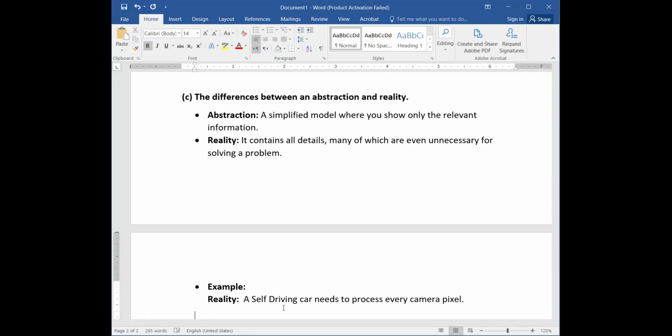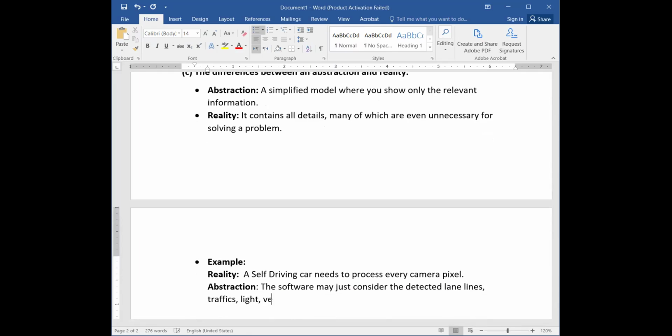But when we go on to abstraction, the software may just consider the detected lane lines, traffic lights, or vehicles. This is one of the examples.